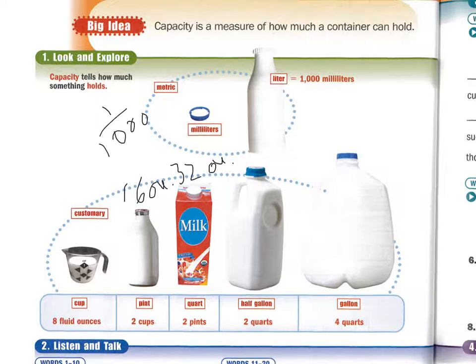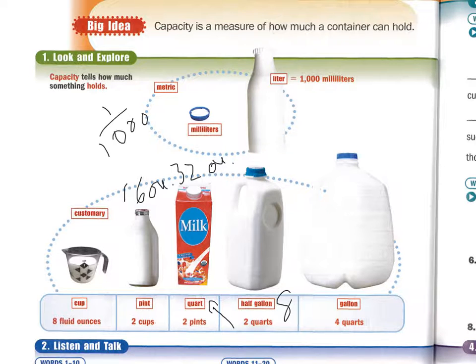Half a gallon is 2 quarts. And a quart is 2 pints, and a pint is 2 cups. So what does that mean? Half a gallon is 8 cups.